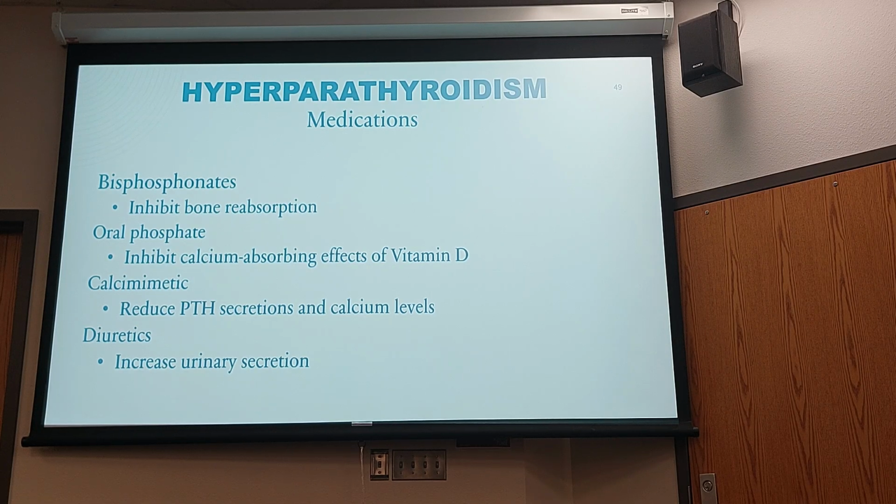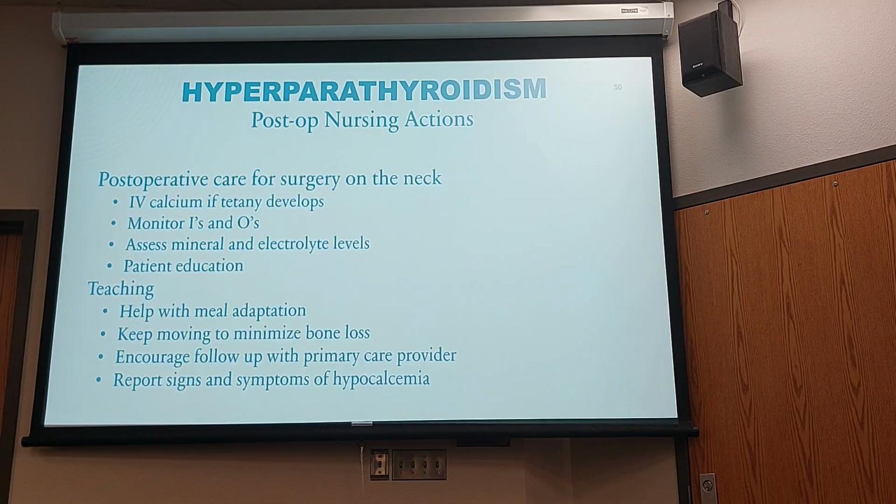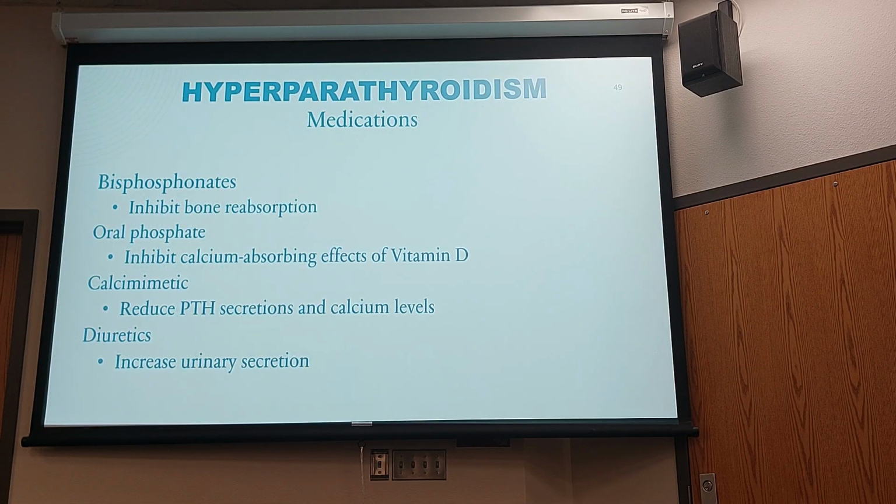It also reduces the parathyroid hormone from secreting. And we're going to have diuretics to increase urinary secretion. Okay, so these are for patients that aren't a surgical candidate, but they have that hyperparathyroidism. They're spitting out too much of that parathyroid hormone.